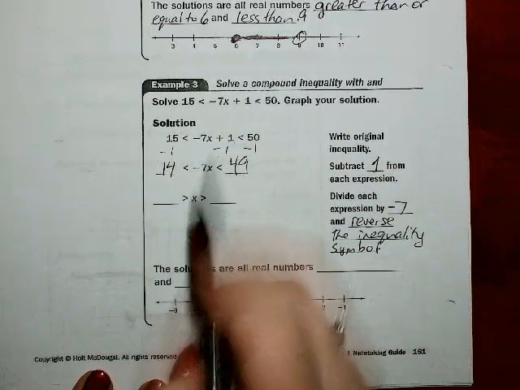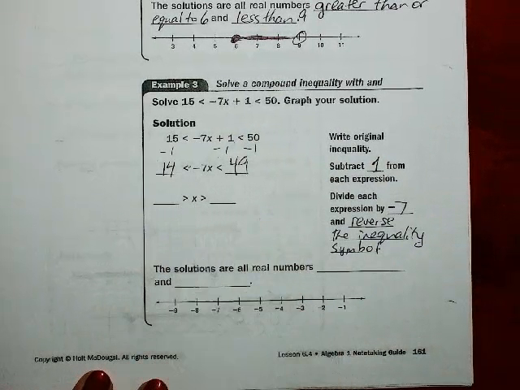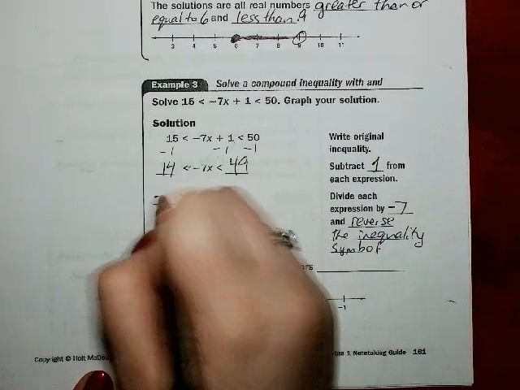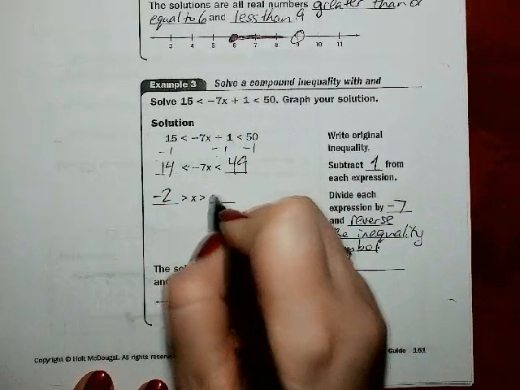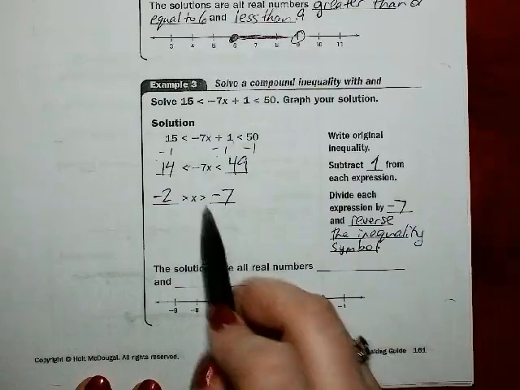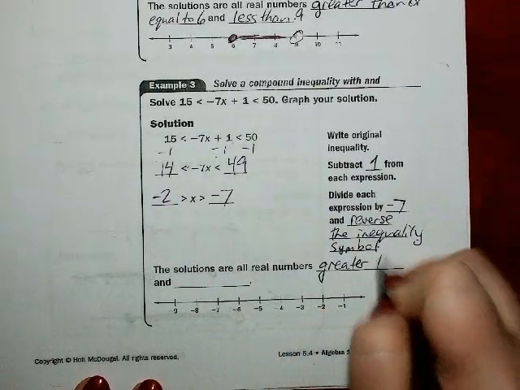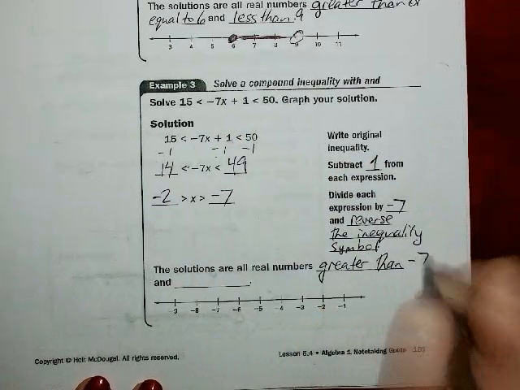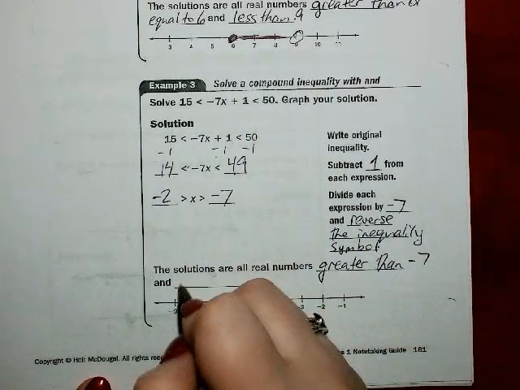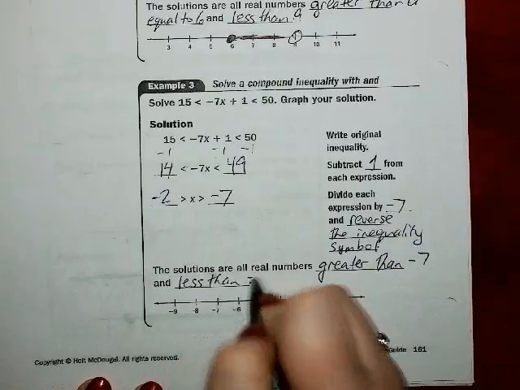So this turns backwards, this one also turns backwards, and we get negative 2 and negative 7. So the solutions are all real numbers greater than negative 7 and less than negative 2.